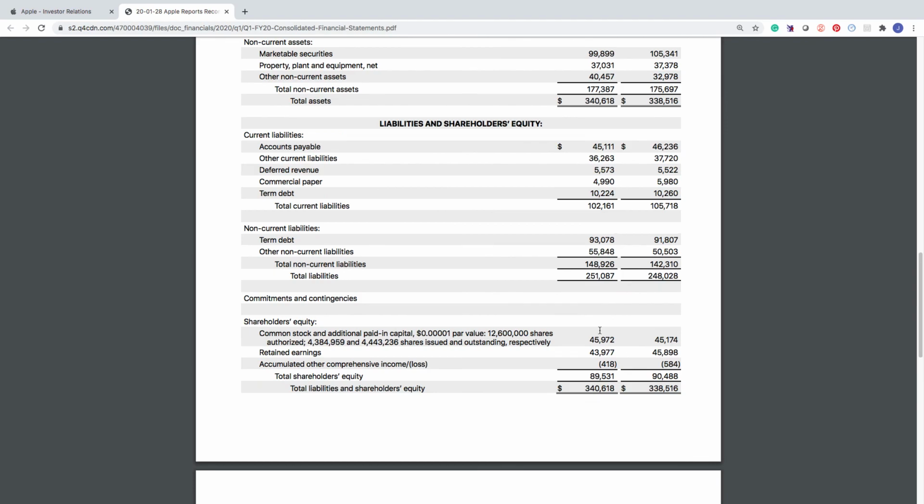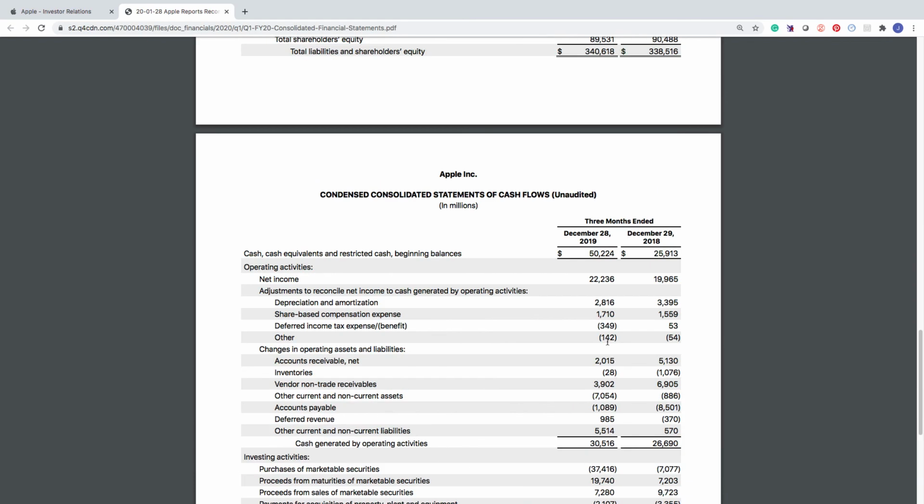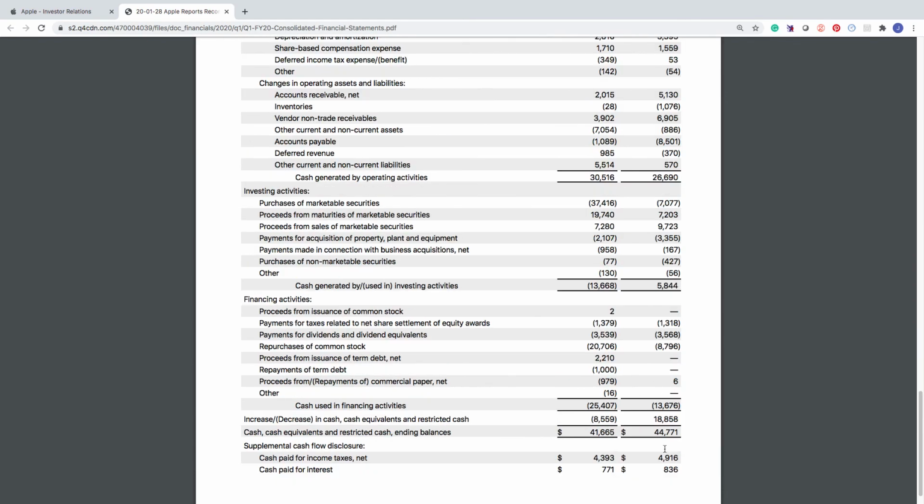So even if the cash reduces by 8 odd billion, it does not really materially impact the company's day-to-day operations. But I hope this gives you a sense of how to interpret the cash flow statement and to really understand what is going on in the company's business.